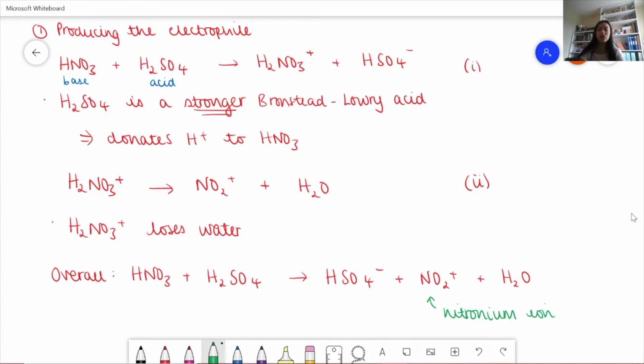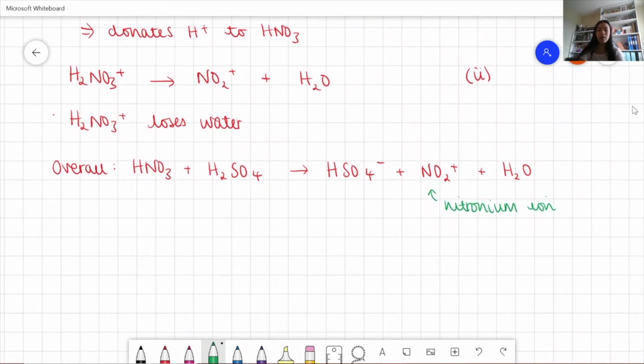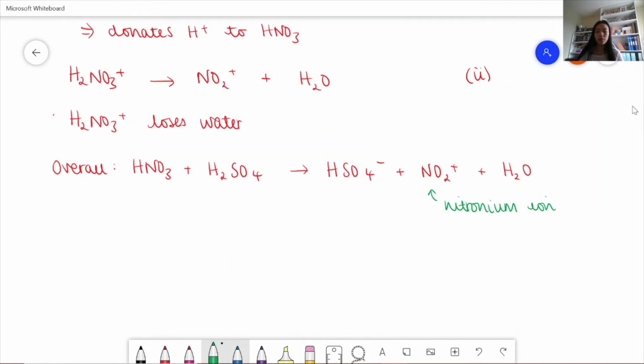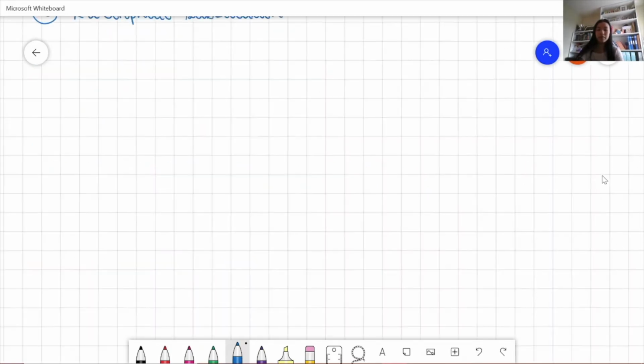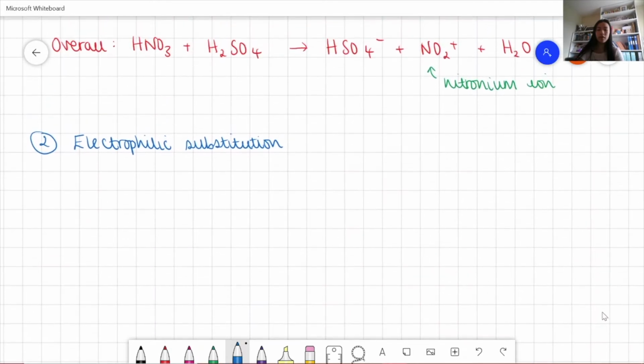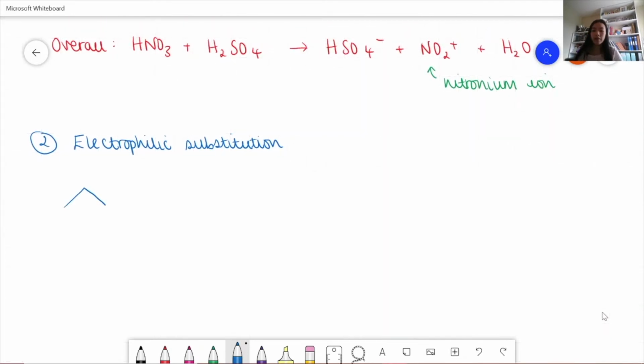So now we get on to the actual substitution. So this is step 2, the electrophilic substitution. So we first draw out a benzene. So we'll have benzene here.